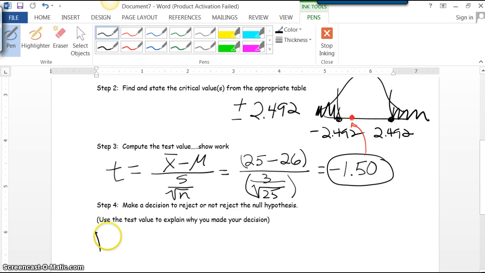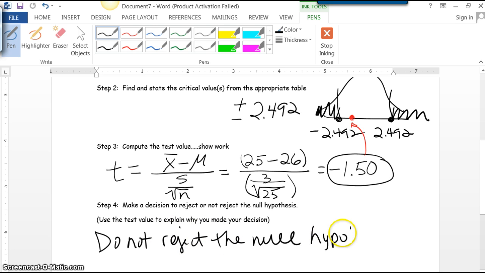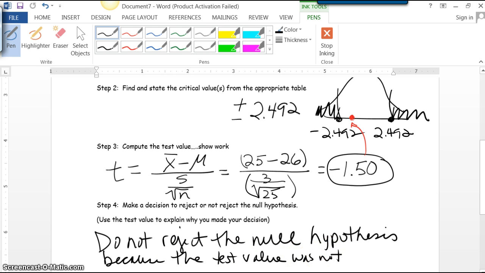So we do not reject the null hypothesis because the test value was not in either critical region. It wasn't in either of the tail regions, so you do not reject the null hypothesis.